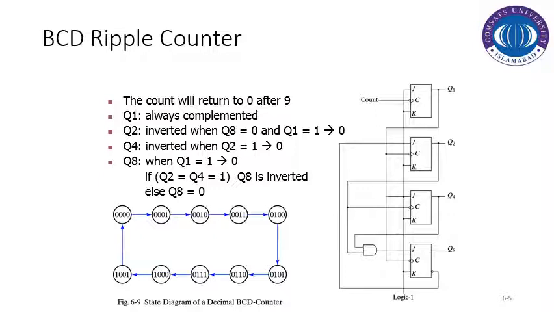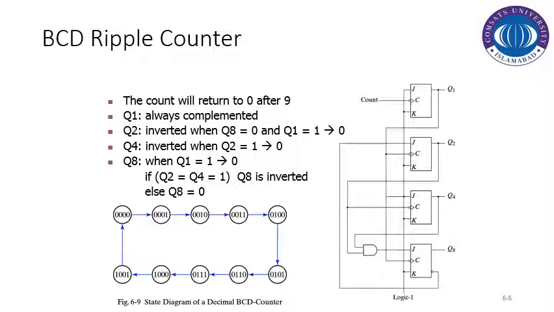Now we have got the BCD ripple counter. It's just like a binary ripple counter, but the main difference is that its maximum value for the count sequence is 1001. That is a valid BCD number for the decimal digit 9. All the other combinations exceeding 9 are not valid BCD numbers, so those count sequences are not generated here.